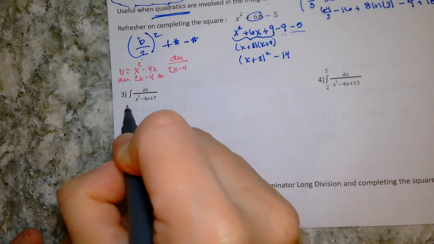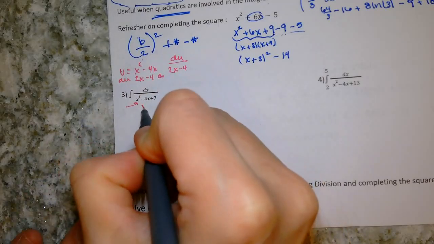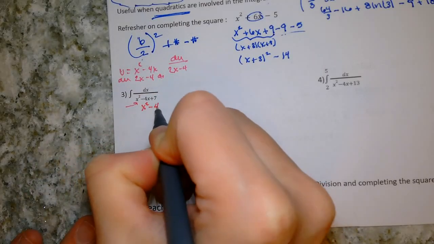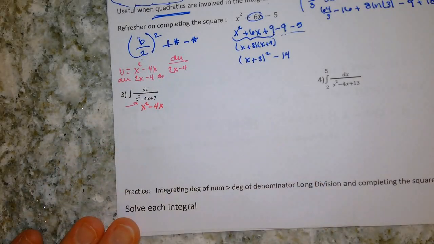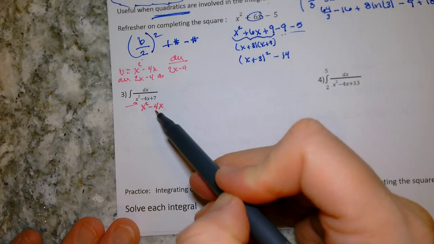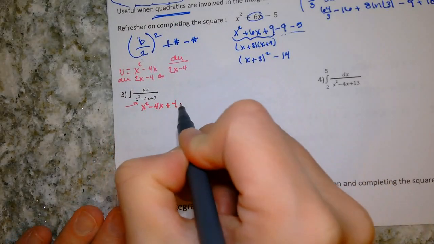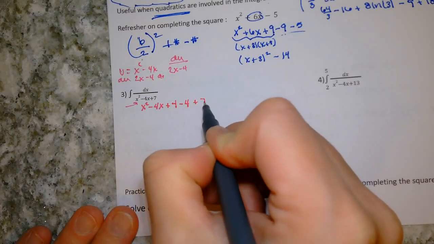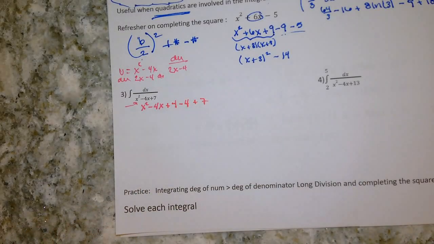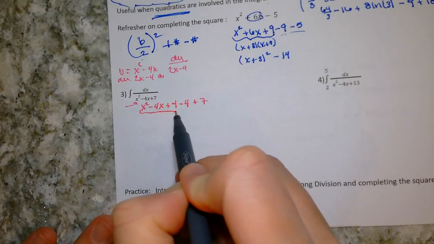So we're going to complete the square for just this part. We have x squared minus 4x. So let's complete the square. Take the b term, cut it in half. 4 divided by 2 is 2. Square it, and I get 4. So I want to add 4 and subtract 4, and then have that 7 there. These three terms will factor.